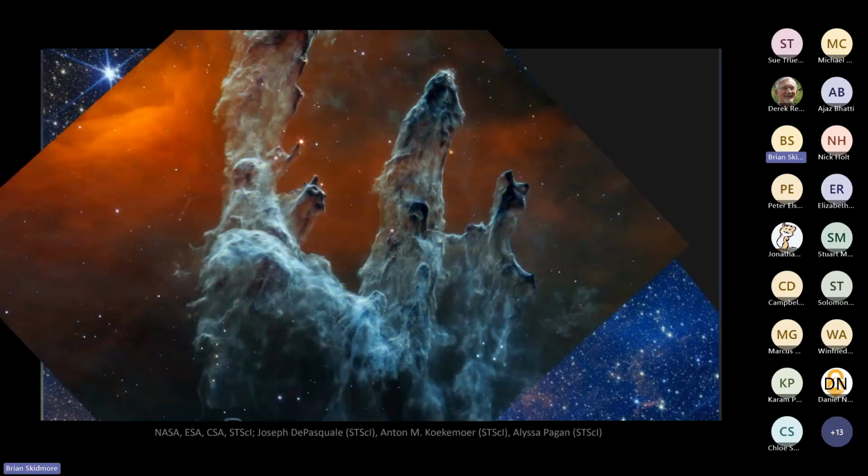Now, in the medium infrared, longer wavelengths, that's also useful because although you're seeing far fewer stars, the dust re-radiates in the medium infrared wavelengths the light from the stars that are forming within.